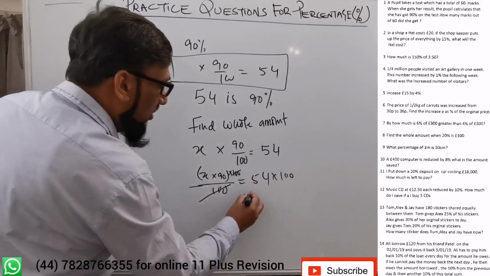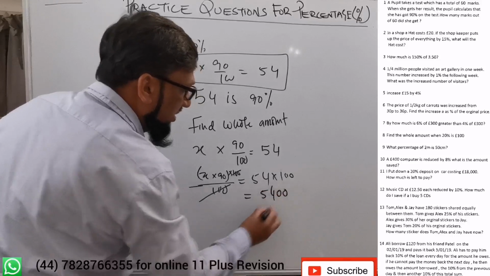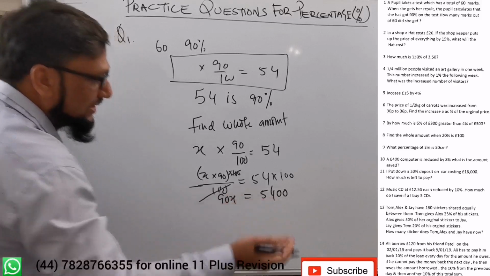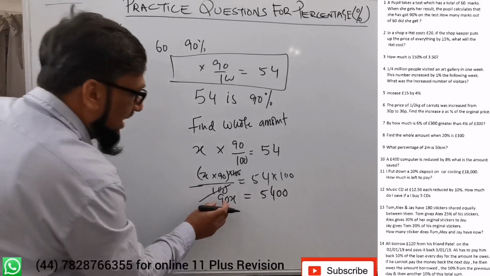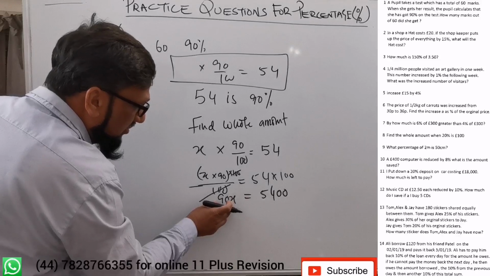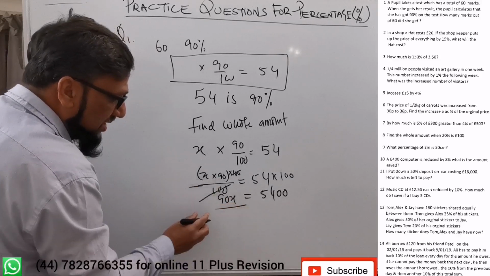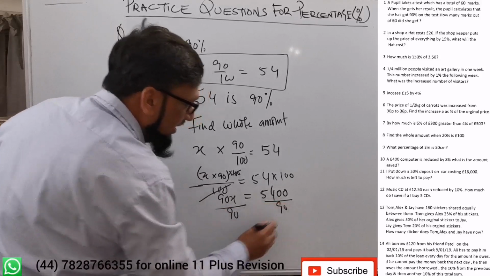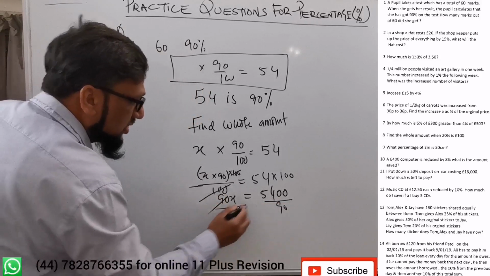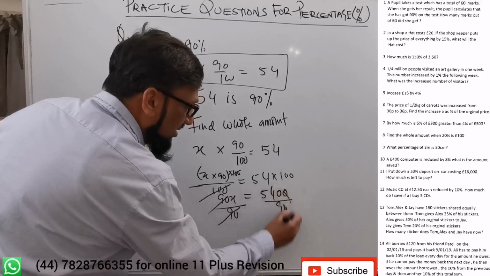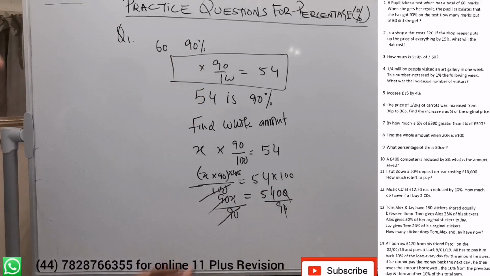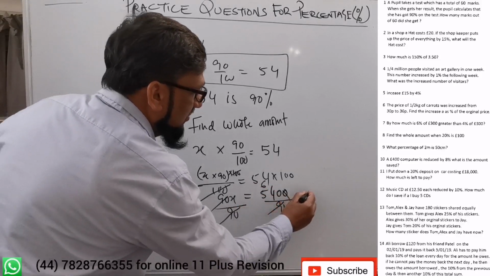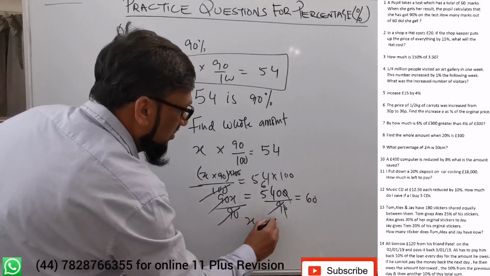Now we have 5400, and 90 times x is 90x. I need to remove the 90 from this side, so divide both sides by 90. The 90 over 90 cancels, and this 0 cancels this 0, so 9 times 6 is 54, which means x equals 60.